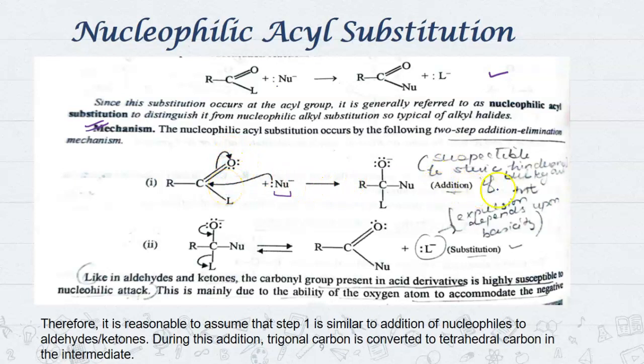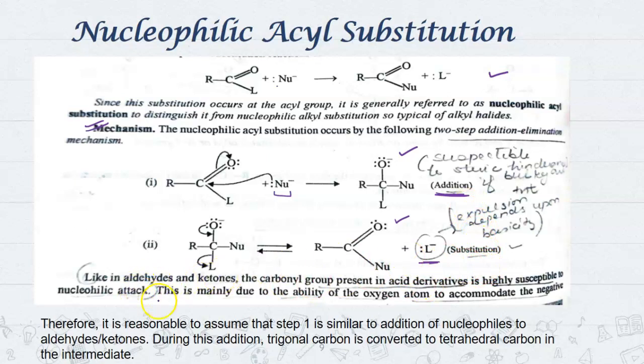It will give you this tetrahedral intermediate, and that is your first part, the addition. Proceeding to the next part, this lone pair of electrons will be shifted back to this bond, and this group will leave. Being a good leaving group, it leaves first, resulting in this particular product and L negative, correct? So that is your addition-elimination.